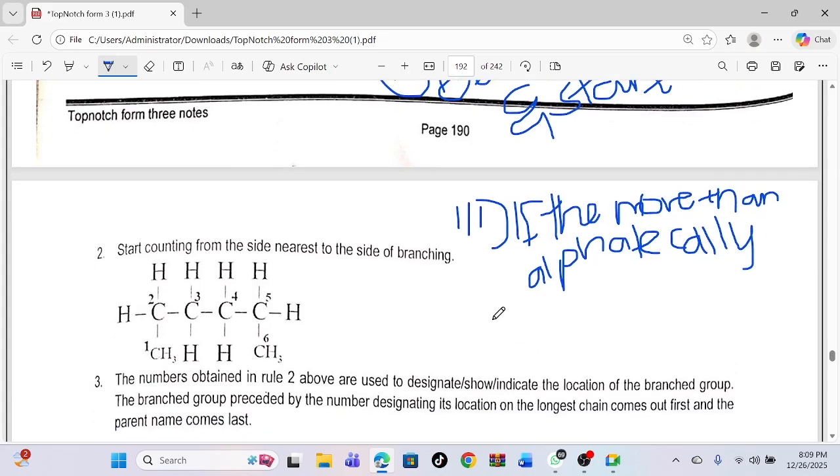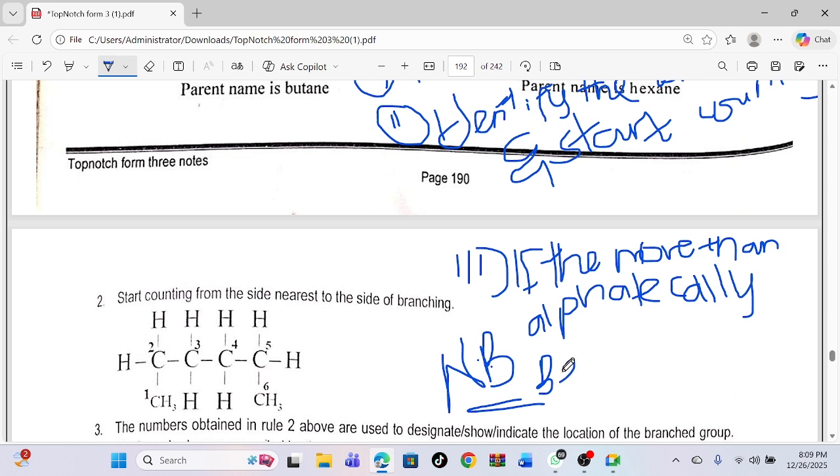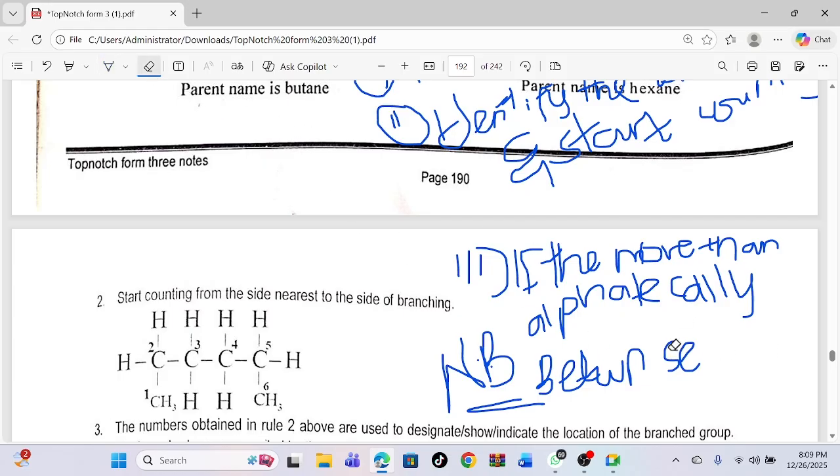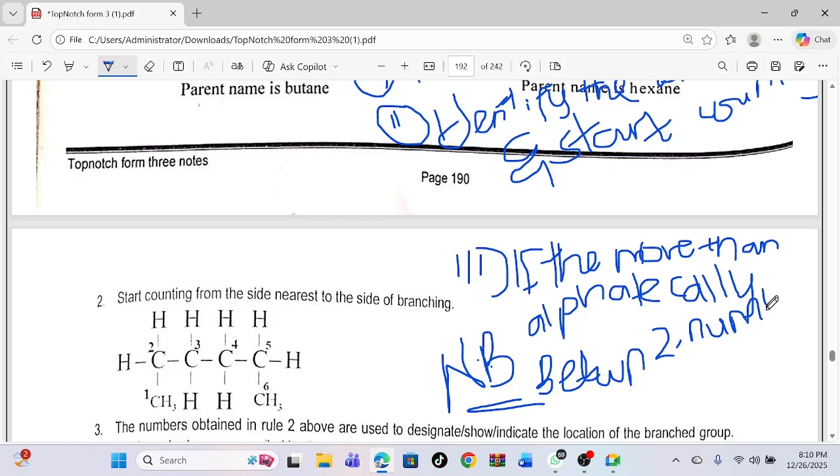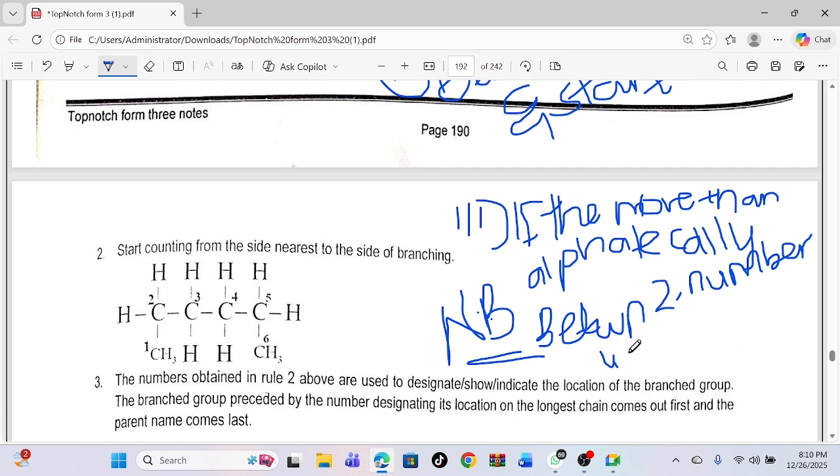Number three, that's number three. Between two numbers, separate with a comma. I hope you are writing, you're taking notes. Between two numbers, use a comma.